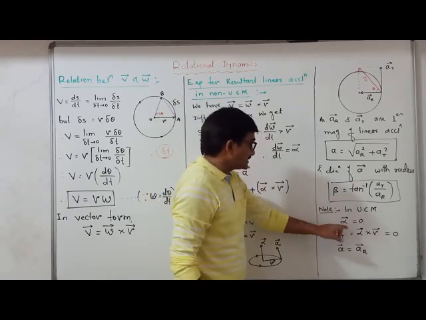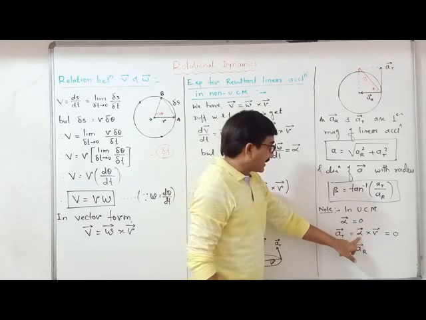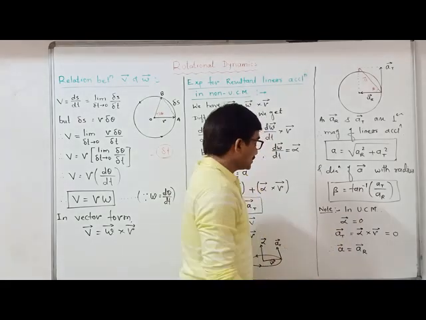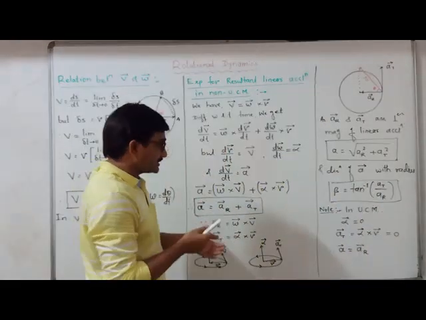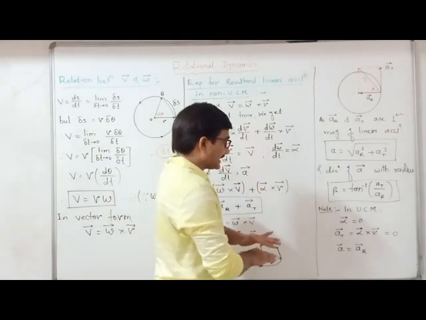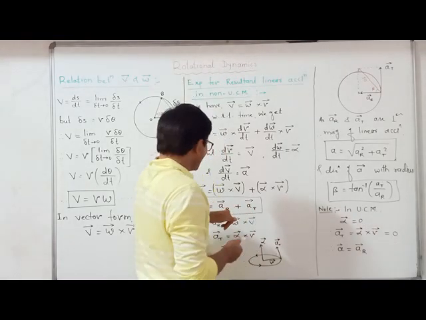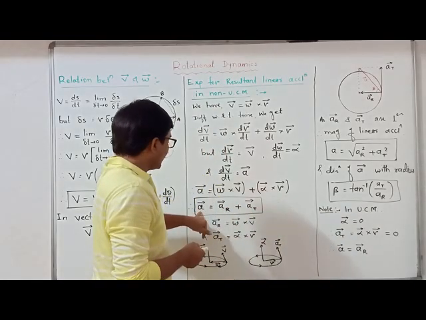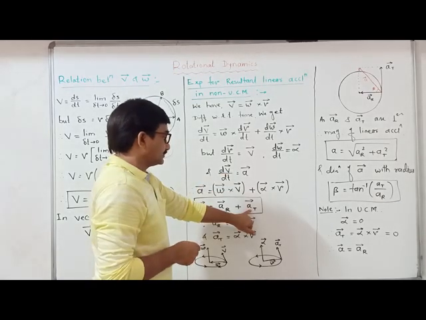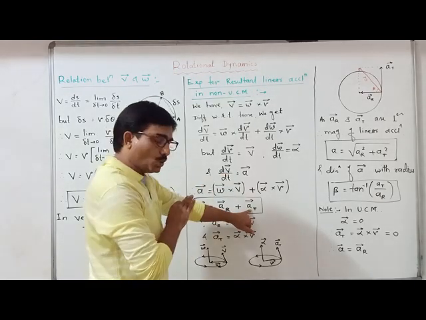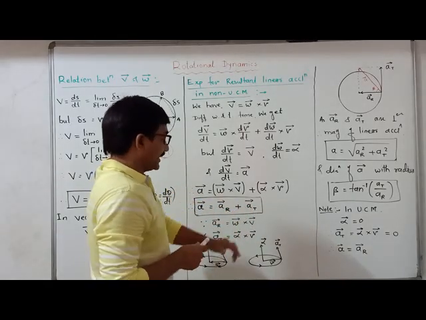As angular acceleration is 0, and the tangential acceleration is given by vector alpha cross vector r, as alpha is 0, this tangential acceleration is 0. So in a UCM, tangential acceleration is not produced, and by using the relation vector a is equal to vector ar plus vector at, where at is 0, we can write vector a is equal to vector ar.